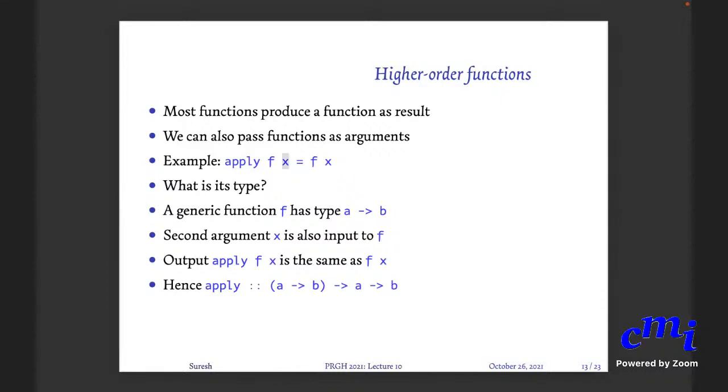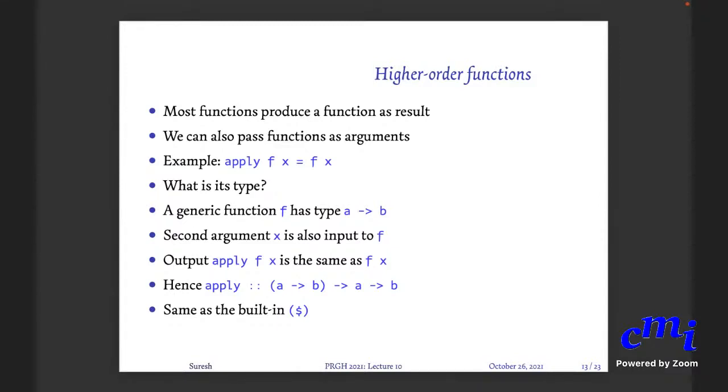This is a pretty useless function, you might think. It is the same as the built-in function $. We have used $ quite often. $ is not some syntactic hack. It is just a function, and it is precisely this function apply. And the value of this $ is that you can avoid parenthesization by using it.